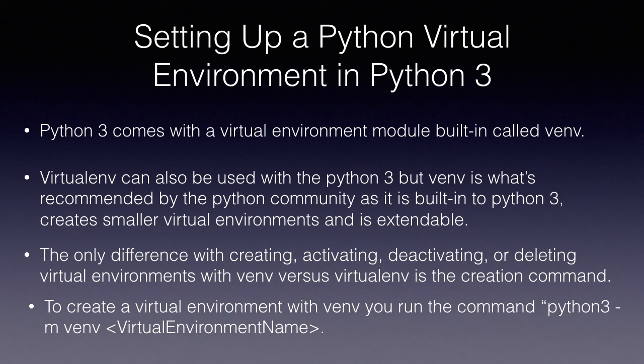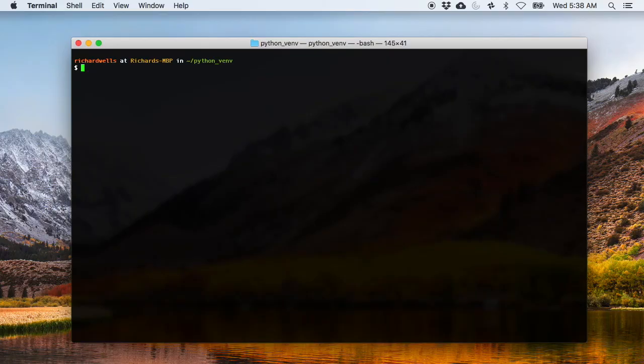Now let's look at a quick example for Python 3 with venv. Because venv already comes installed in Python 3, I don't need to download anything else. I'll start by creating a new virtual environment in my current working directory called pytest_3_venv using the venv module.